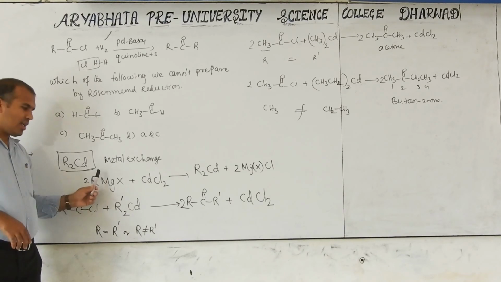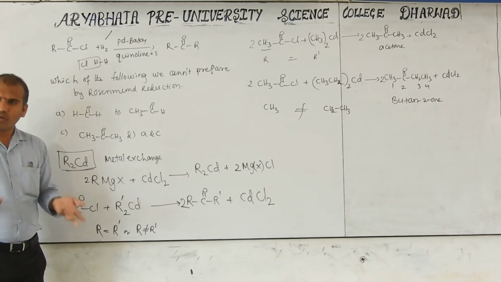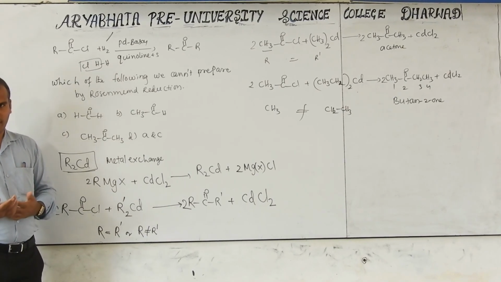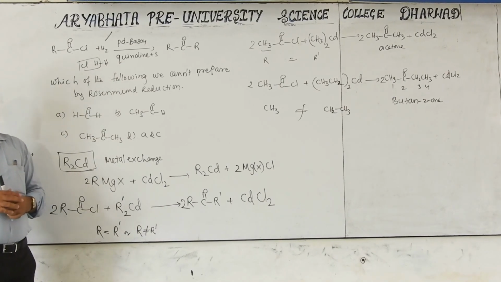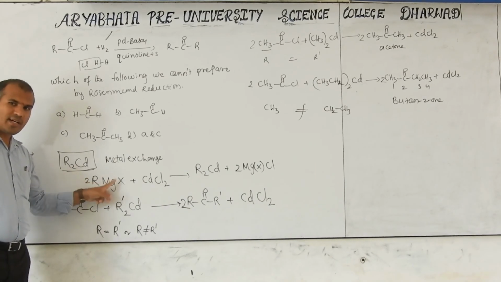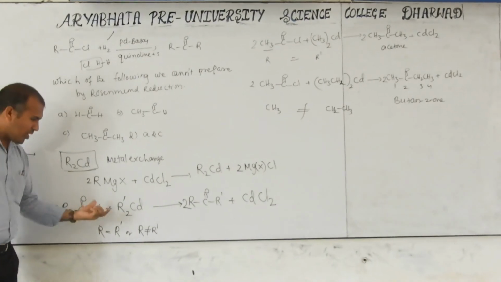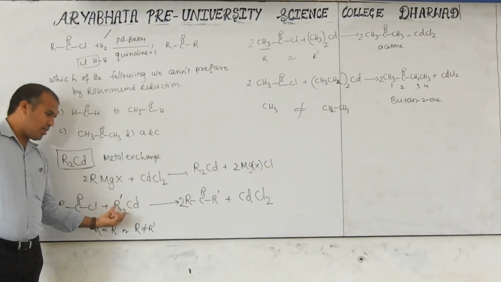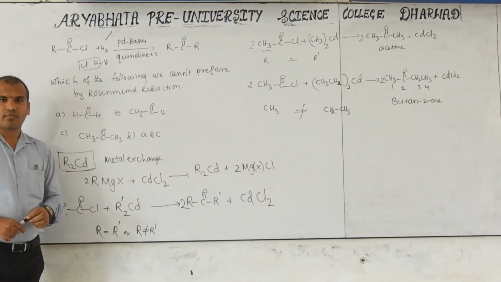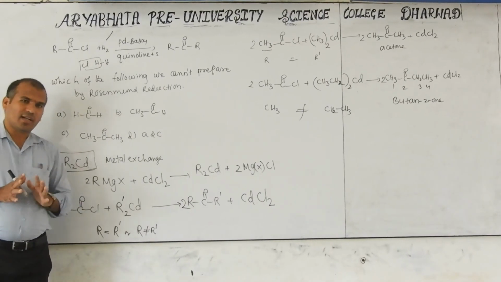If possible with the Grignard reagent, why are we using this one? That is the question. If not possible, then what is the difference? You have to answer. Then here also R group is there. Then directly we can use this one to prepare the ketone. Then why do we have to exchange this reagent using this one? Yes or no? That is the question. So now the question once again I am telling here.